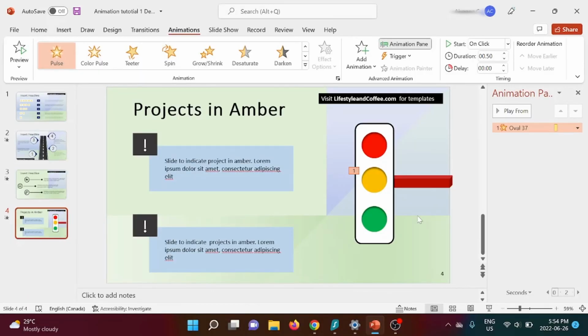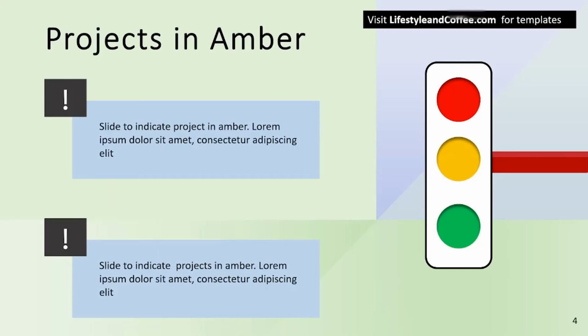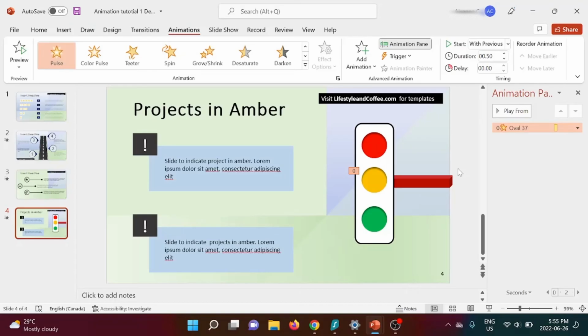What you also want to do right now is, I don't want to right click. I want this amber to start its animation the moment I enter the slide. So I'm just going to go start with previous. So the moment the slide comes up, it's going to show amber. Let's just try again. There you go. But I want this amber to keep flashing.